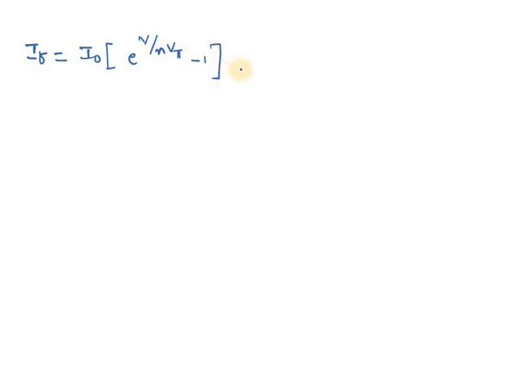This is a standard equation. Now as there is no need of going in depth how this formula has been organized, we'll note it down directly. I naught into e raised to V by eta Vt minus 1, where this I naught is called as reverse saturation current.